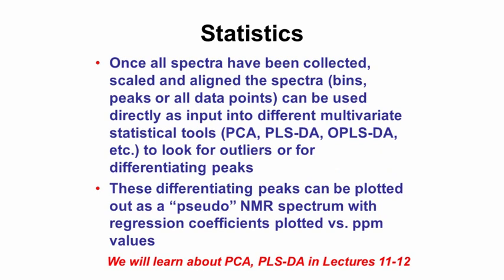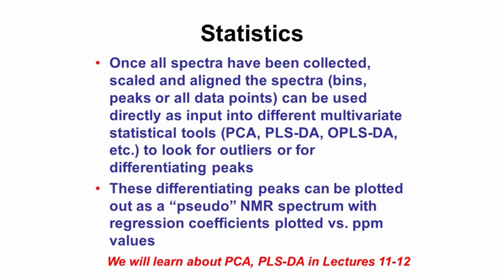As I say, once all those spectra have been collected, aligned and sorted out, we use multivariate statistics to analyze the data points of the spectra. We're not analyzing the metabolites because we haven't identified them. We're not analyzing their concentrations because we haven't deconvoluted them. We're just treating the spectra, the XY values, as the inputs to our multivariate statistical tools.